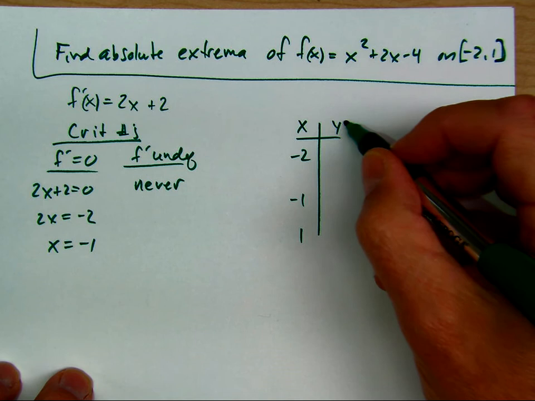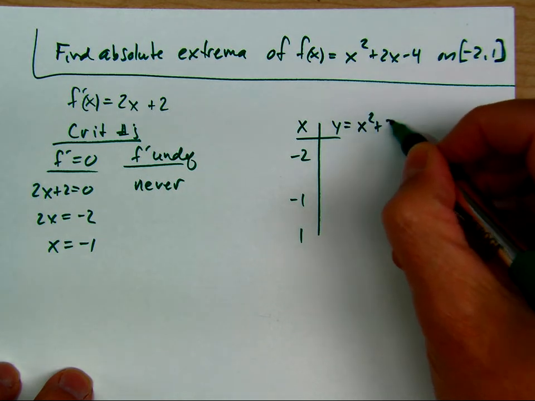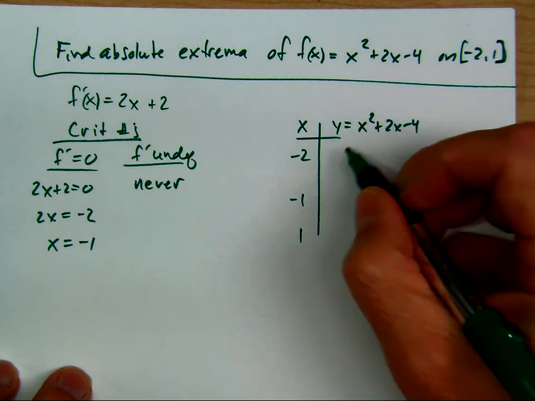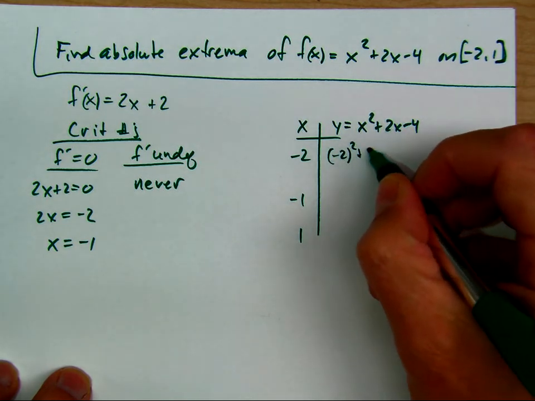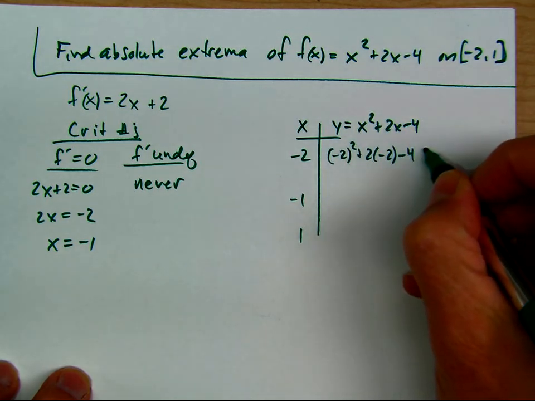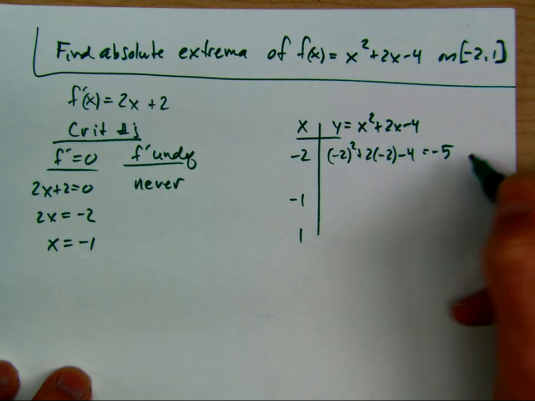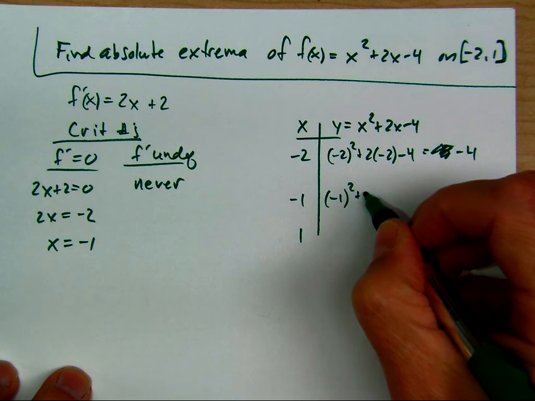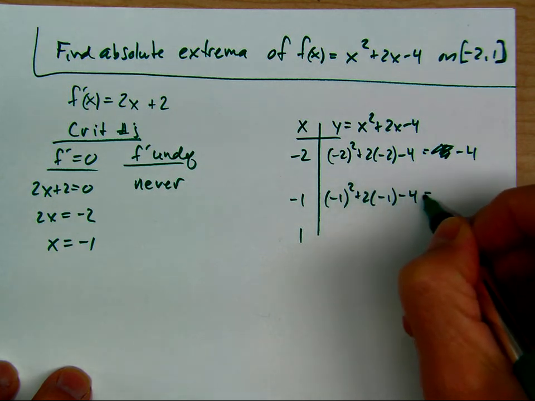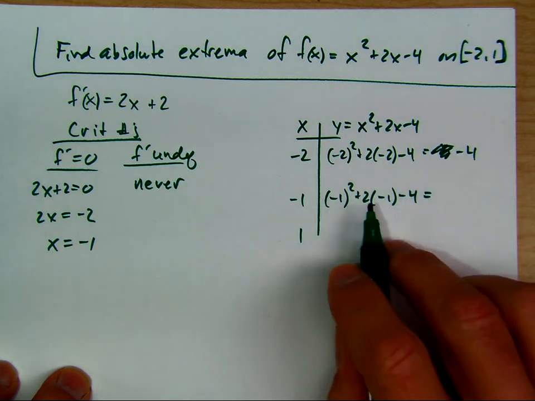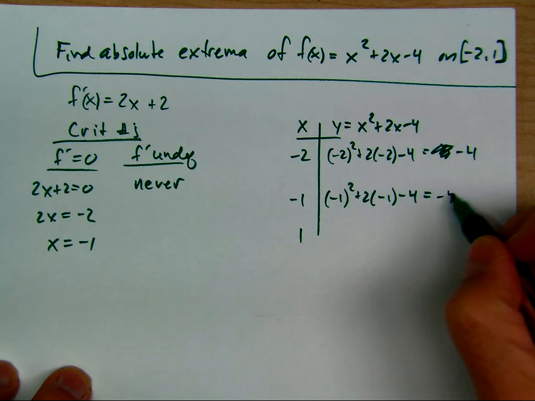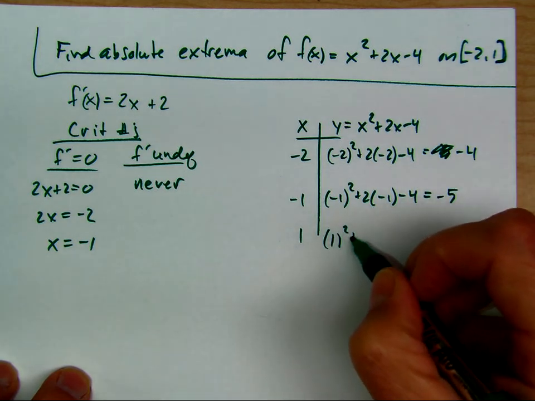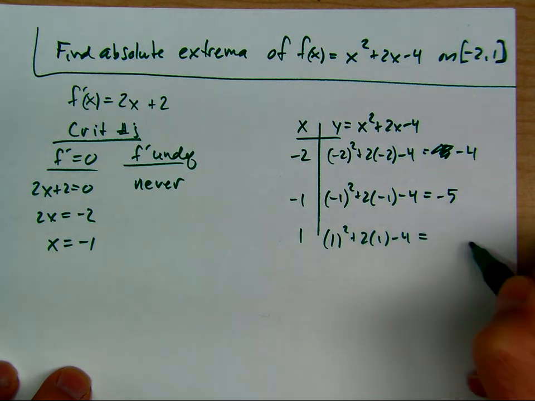But now let's remember that y is x squared plus 2x minus 4. We're not going to use the derivative. We need to use the function and substitute. Oops, that's negative 4. So we have 1, minus 2 is negative 1, minus 4 is negative 5. 1 squared, 3 minus 4, negative 1.